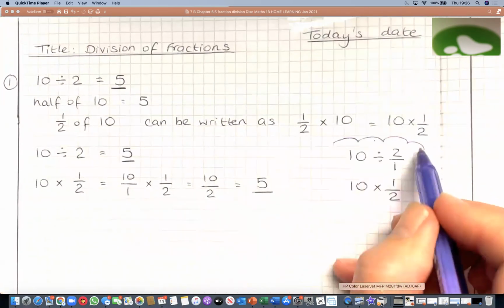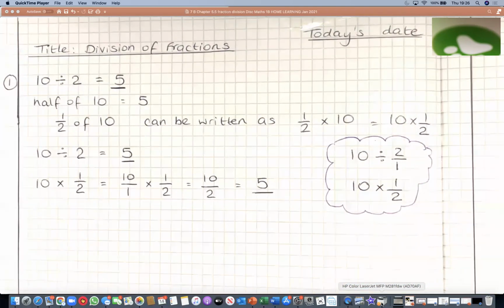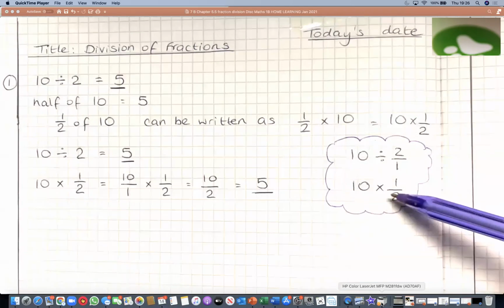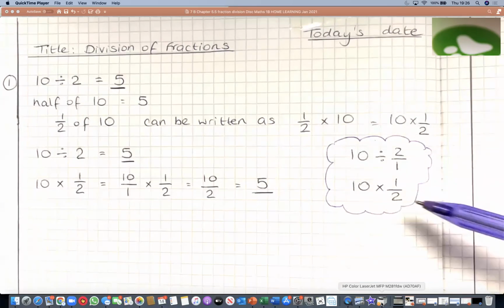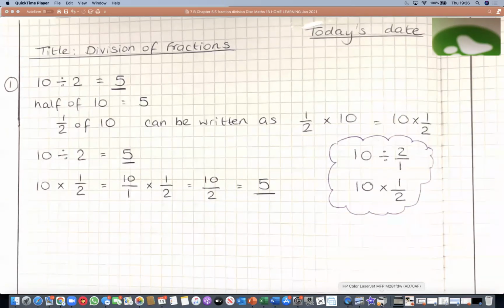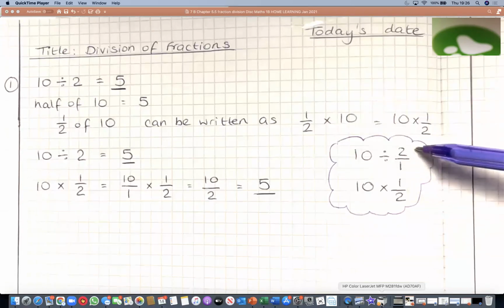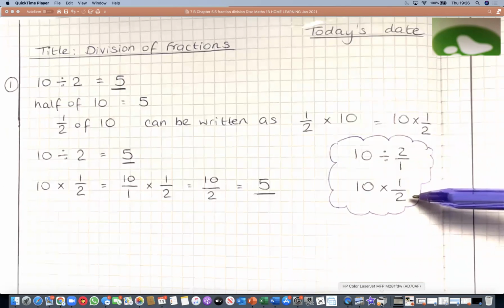I'm just going to put it in a little bubble there. And let's see what we've noticed. That multiplying by 1/2 is the same as dividing by 2. The way we would say that is dividing by 2 is the same as multiplying by the reciprocal of 2.